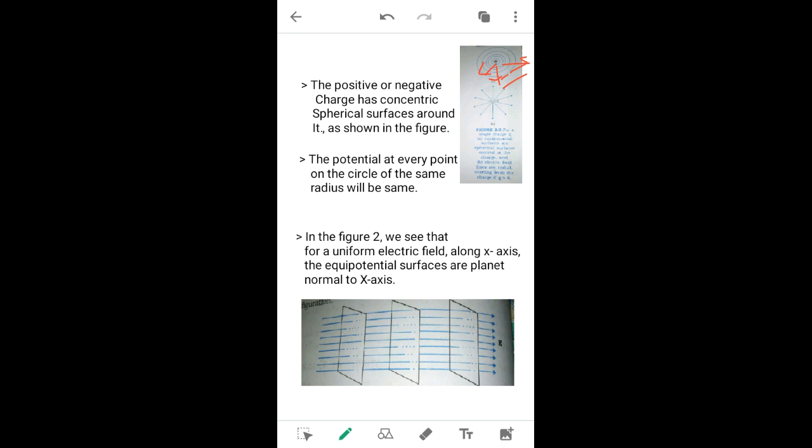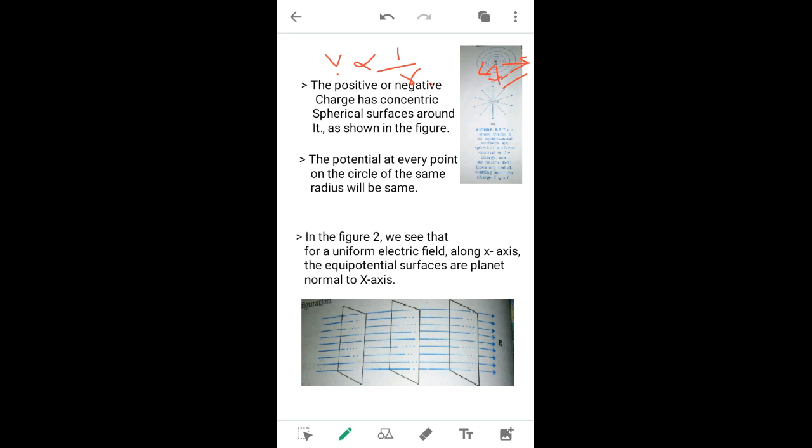So you can see here there are concentric circles. The innermost circle has the least radius, so the potential will be high. From the formula we know that V is inversely proportional to R, right? Therefore, as R is less, potential will be more.